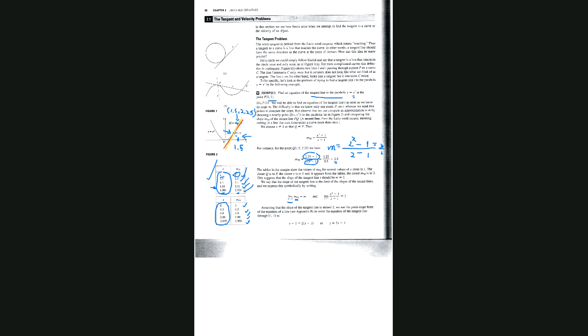So this leads us to believe that the slope of the tangent line is indeed 2, and therefore you can get the equation of the tangent line using the point-slope formula. This is their way of finding the slope of that tangent line in the figure.